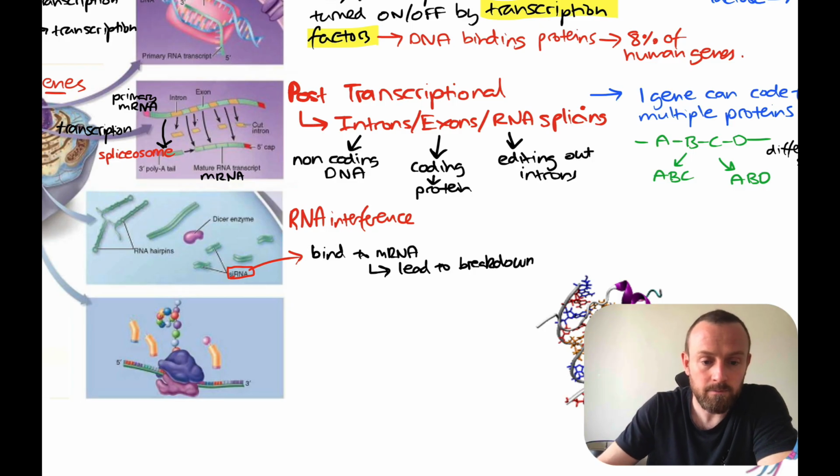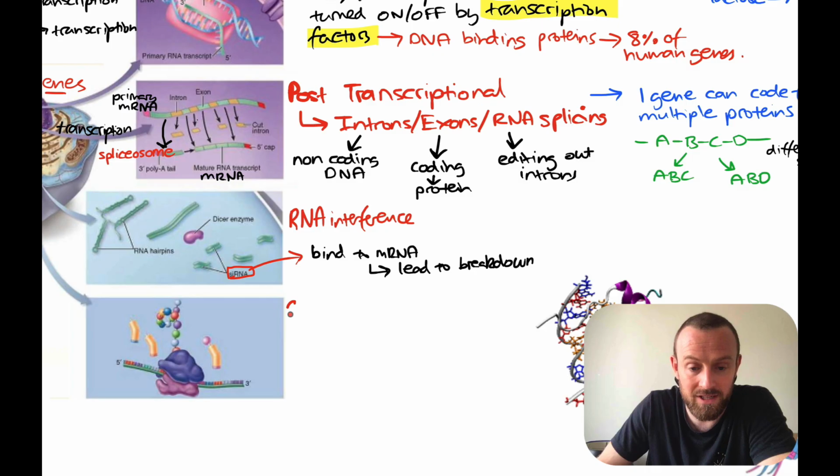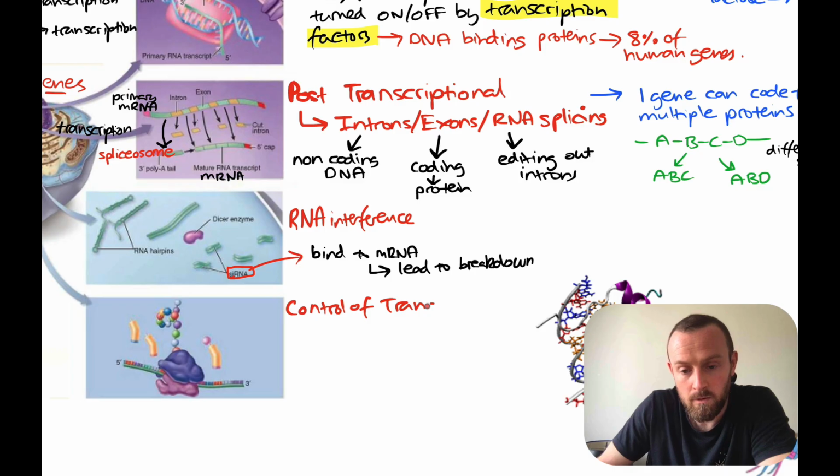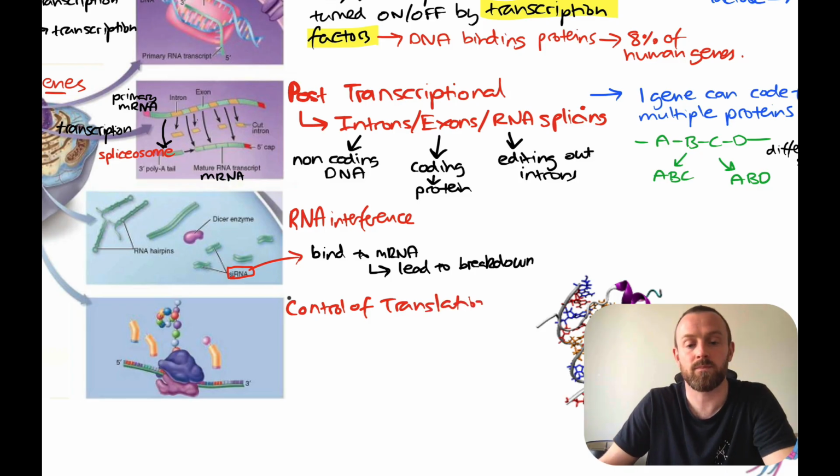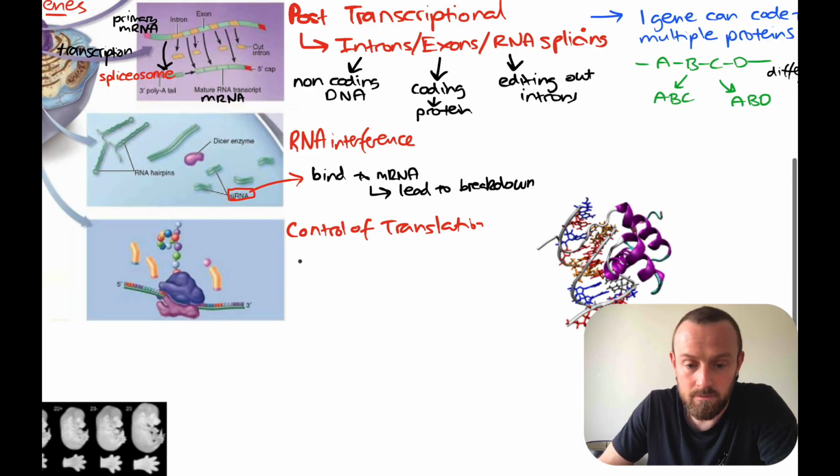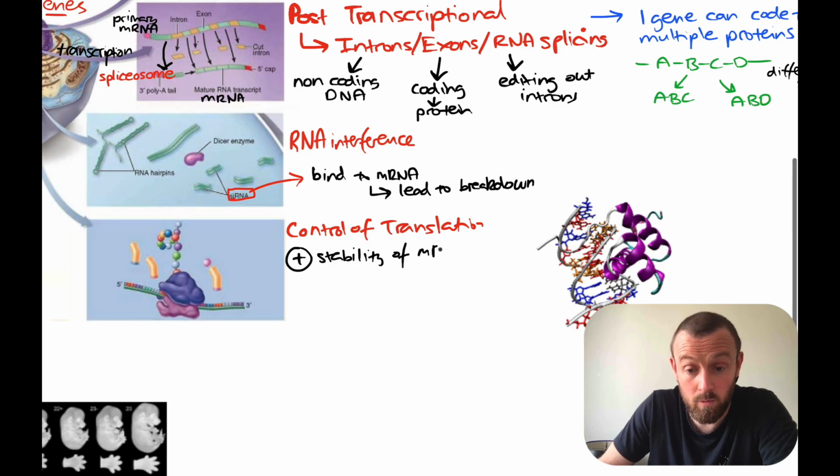This next bit here is about control of translation. And again, this is not really on syllabus, but anything that increases the stability of a messenger RNA will increase the amount of protein produced from it.